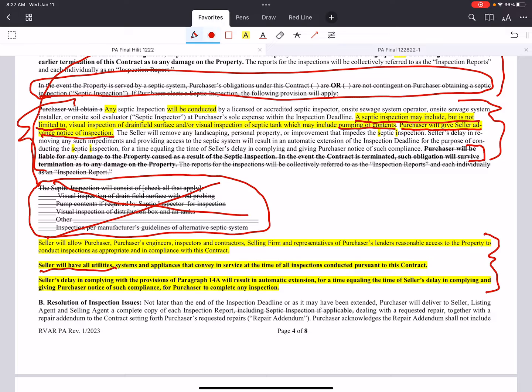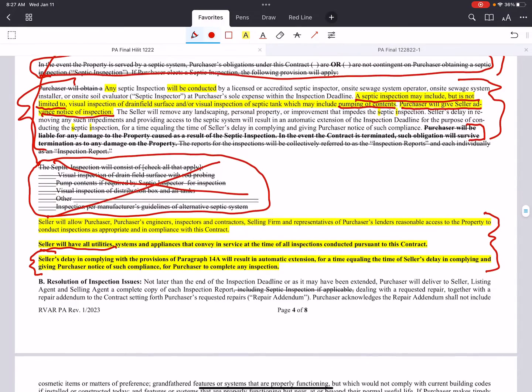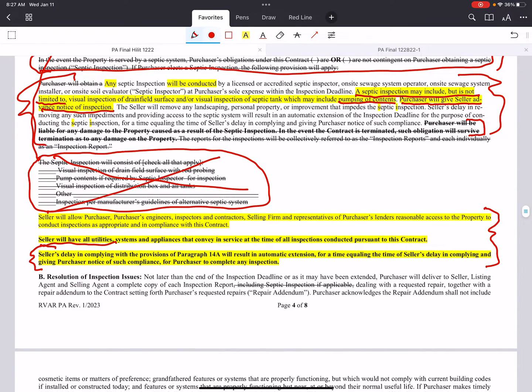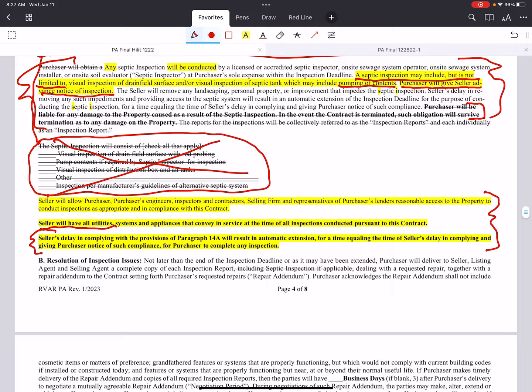And then it goes into discussing what happens if the seller does not have these utilities in service, that the inspection deadline will be extended for that amount of time that we had to sit around and wait for the seller to get these things back in service.